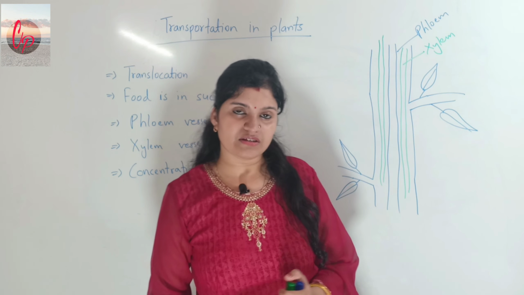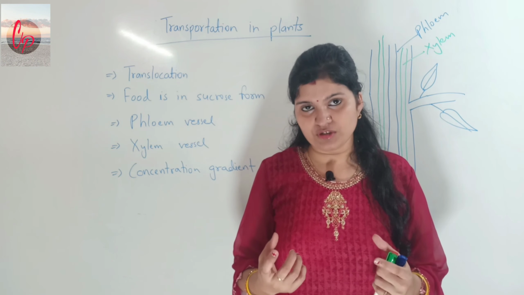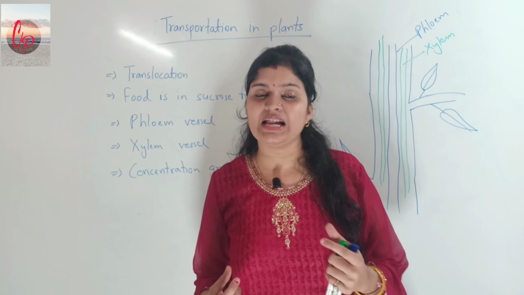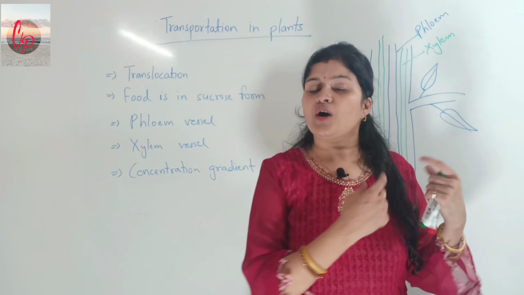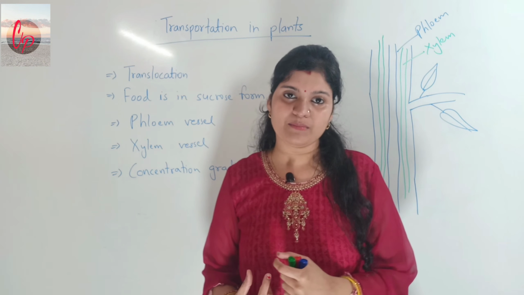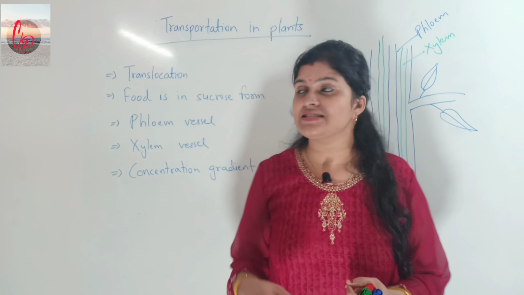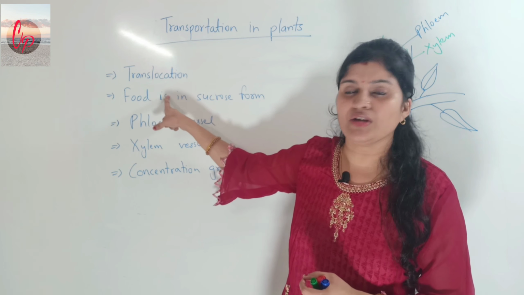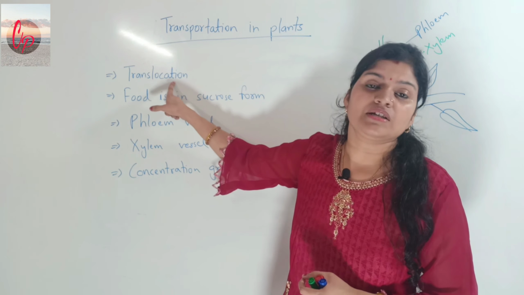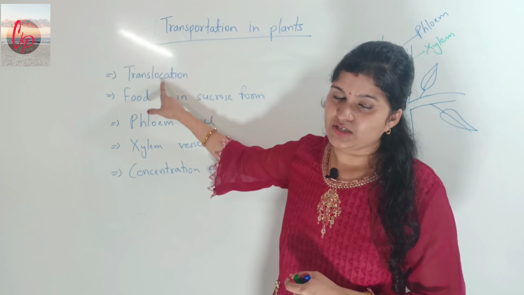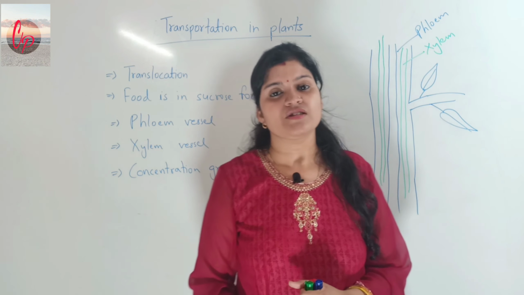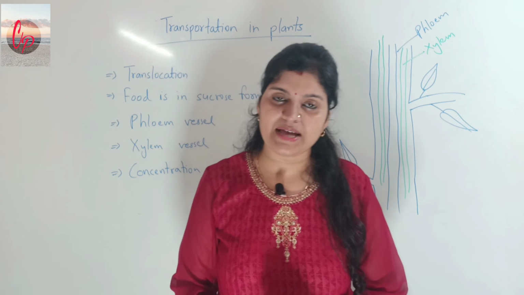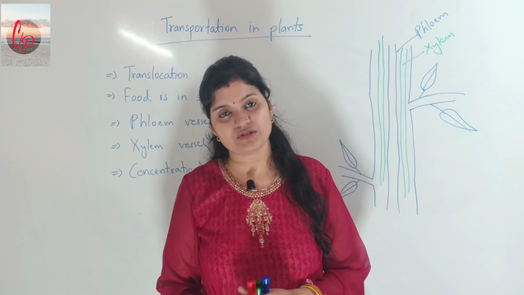The transportation of food in sucrose form with the help of the phloem vessel from the green parts to the non-green parts of the plant is called translocation. Translocation simply refers to the transport of food material which is in sucrose form. This definition also comes sometimes, so you have to know about this.